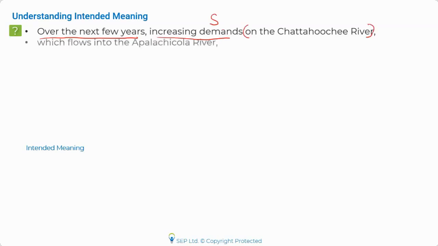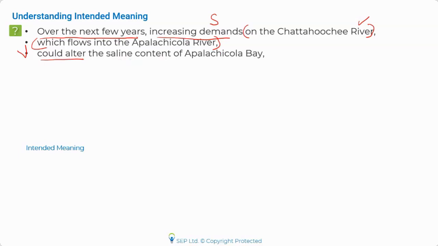Which flows into the Apalachicola River is again a non-essential modifier for Chattahoochee River. So we still don't have a verb for increasing demands. Could alter. Okay, here we have the verb for demands. So these increasing demands could alter the salty or saline content of the bay.